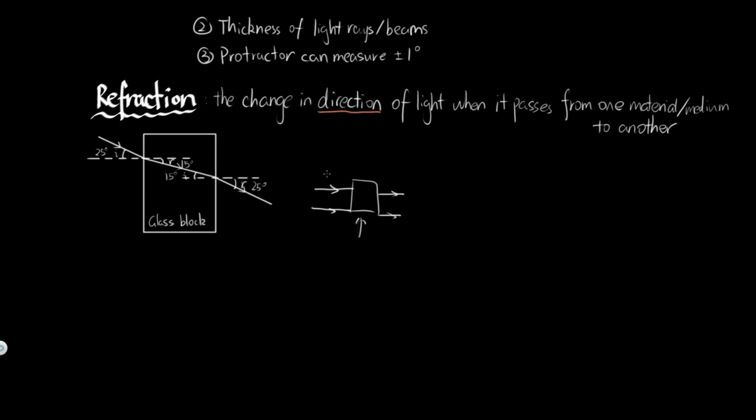So you know that it's going to come in and come out parallel because the refractive index, we're going to talk about that later, of the glass block is the same. So, the bigger the incidence ray in air, the less the angle of refraction in the glass block, and vice versa.